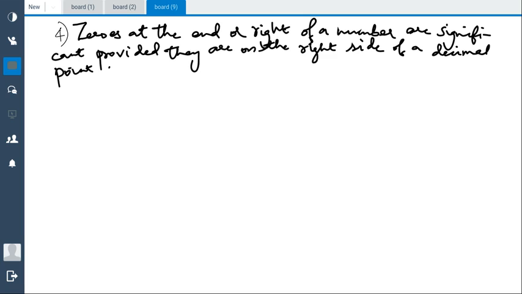Okay, zeros at the end or right of a number are significant provided they're on the right side of the decimal point. What does this mean?